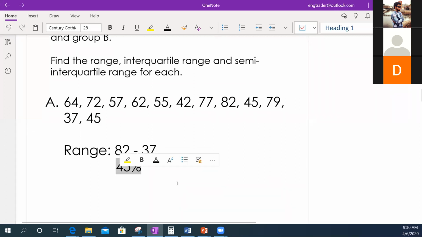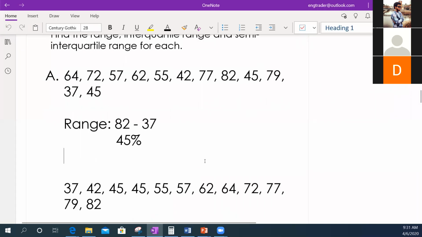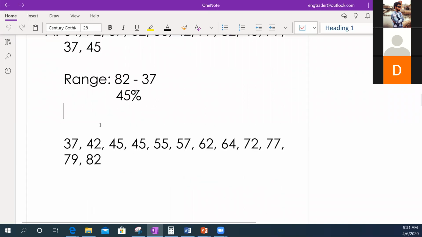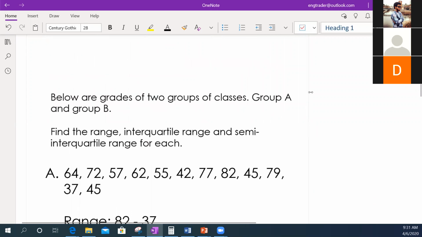Okay, the next thing we need to do is find the interquartile range. Before we even do that, we need to arrange the numbers from lowest to highest so we can identify the quartiles. Now we have these arranged from lowest to highest.